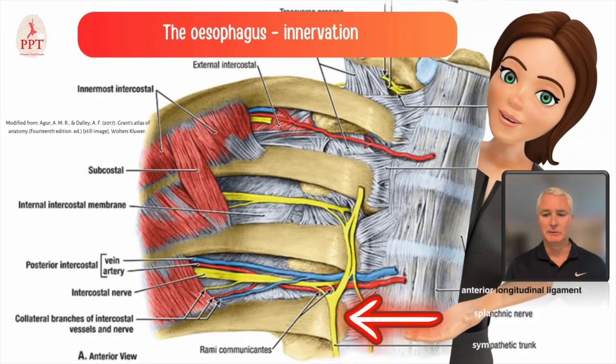Further, the esophagus is also innervated by spinal nerves from T1 to T10. That's of the sympathetic trunk, and there's implications for that, meaning that if you're doing manual therapy to the thorax between T1 and T10 or the ribs, then you may intervene in a way that causes a change to the sympathetic nervous system's behavior.